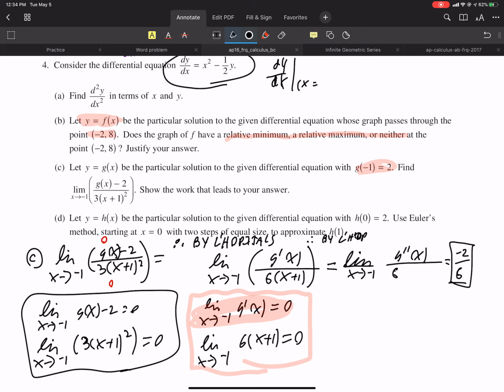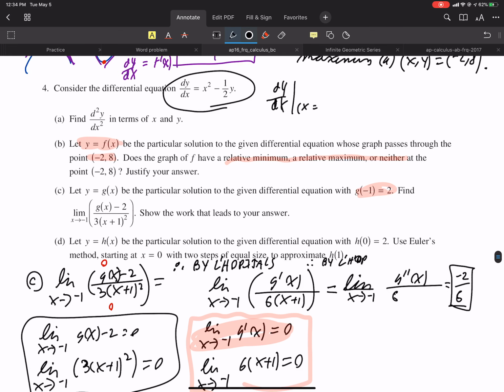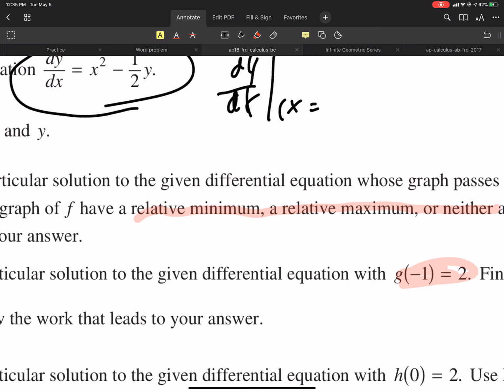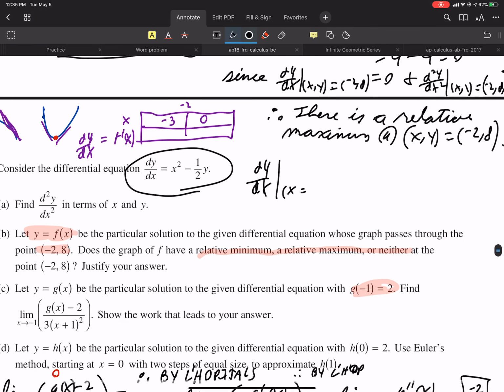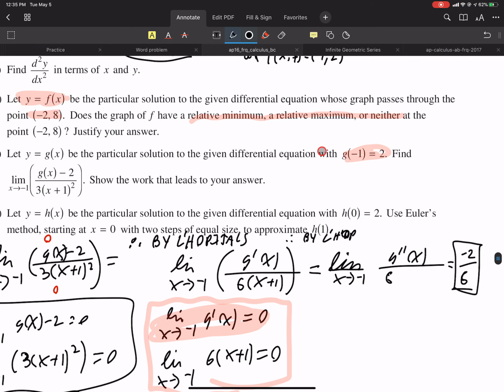Now, okay, I know what's going on. So here's what's happening. How'd they find this g prime? Well, you know the point is -1, 2. So I was on the right track. xy at -1, 2, because that's the point right here.